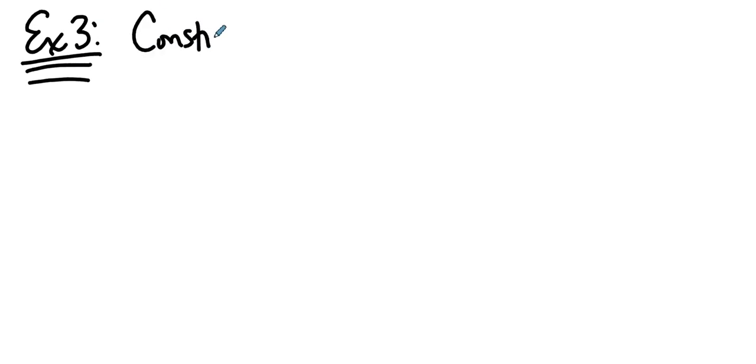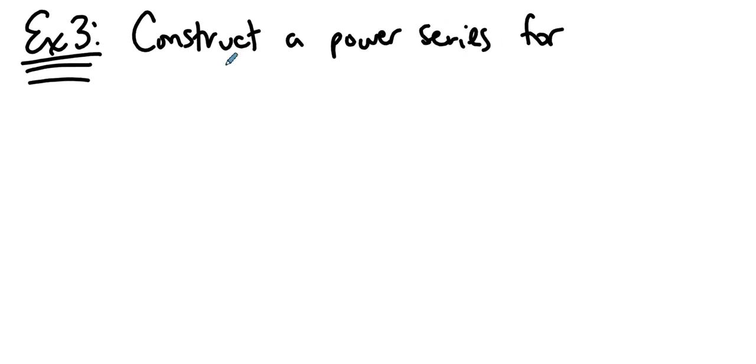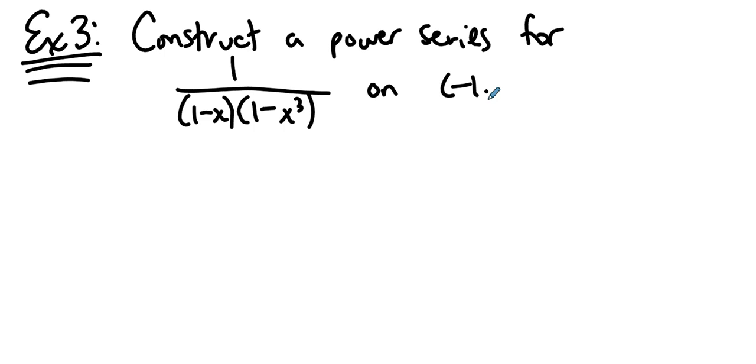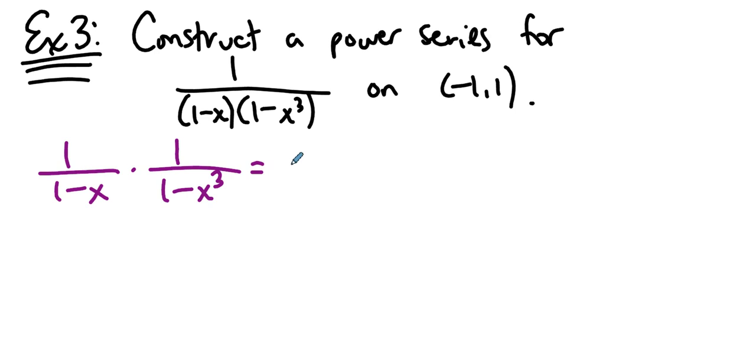Construct a power series for 1 over 1 minus x times 1 minus x cubed on -1 to 1. Well, now, wait a second. This is 1 over 1 minus x times 1 over 1 minus x cubed.